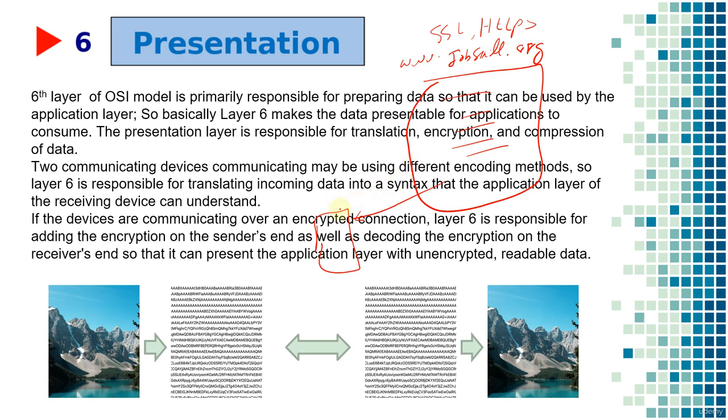Both parties, by the way, these SSL keys will be installed locally in my computer whenever I'm going to visit some secure website. So those SSL security encryption keys will decrypt whatever data is coming from Job Skills here, and it is going to show me the website.